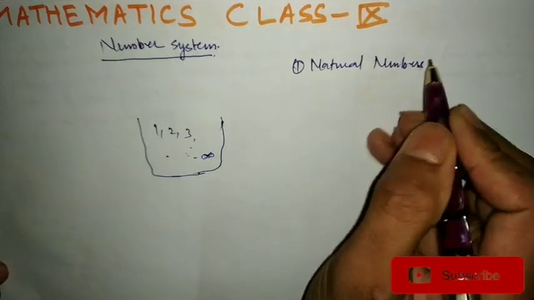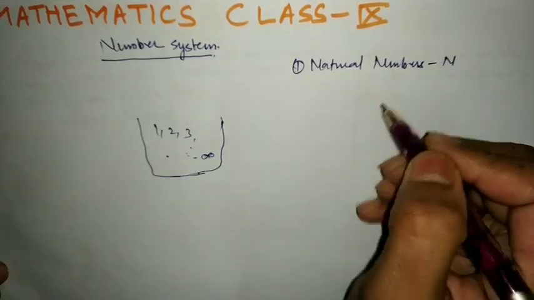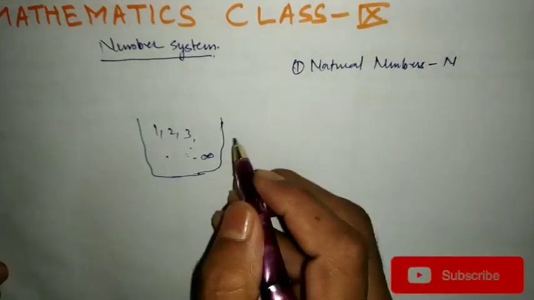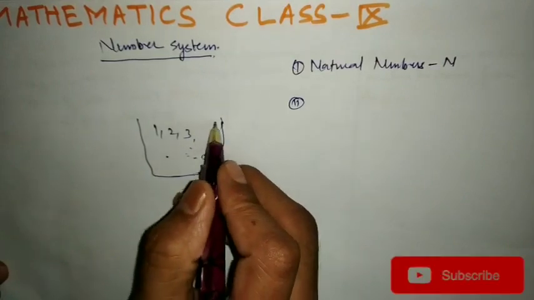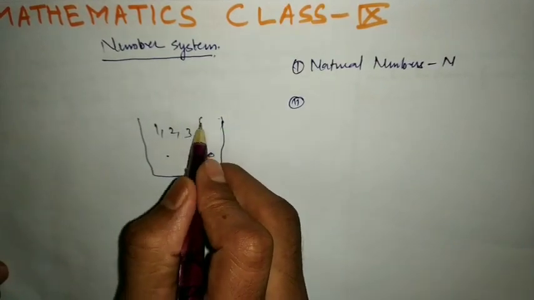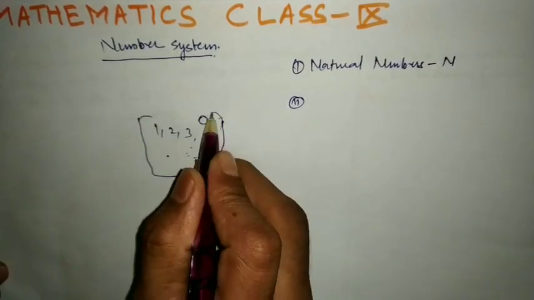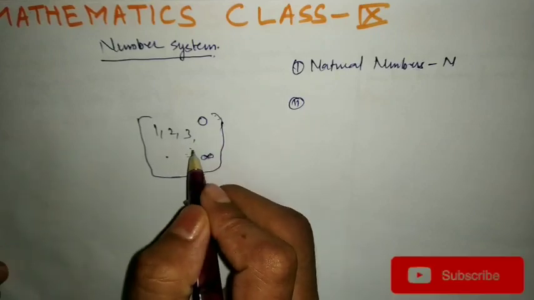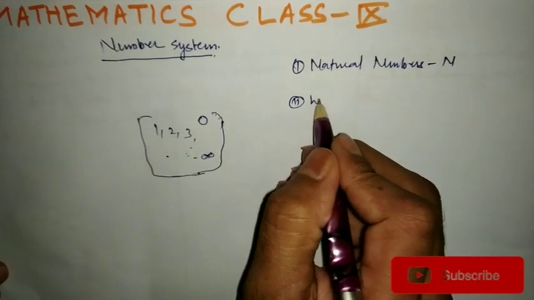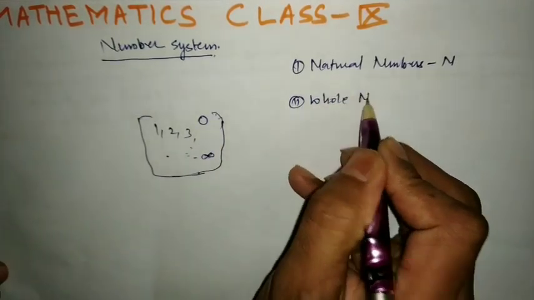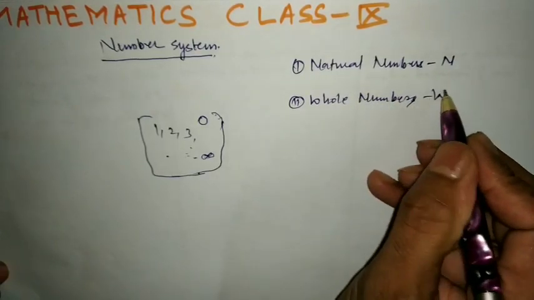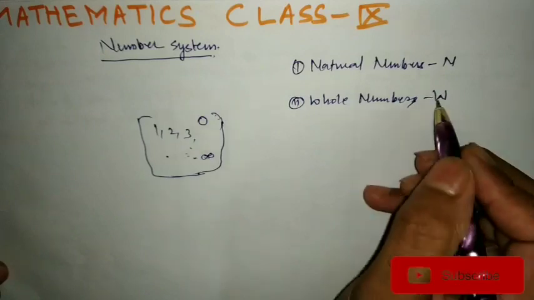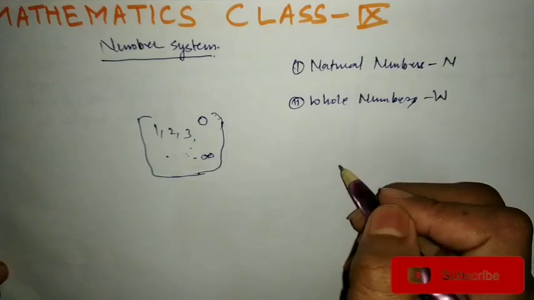What do we call it? Collection of natural numbers, and it is denoted by capital N. Okay. So now what do you do? Suppose you drop a 0 in this bag, so what will it become? It will become the collection of whole numbers, W. It is represented by capital W. Okay.